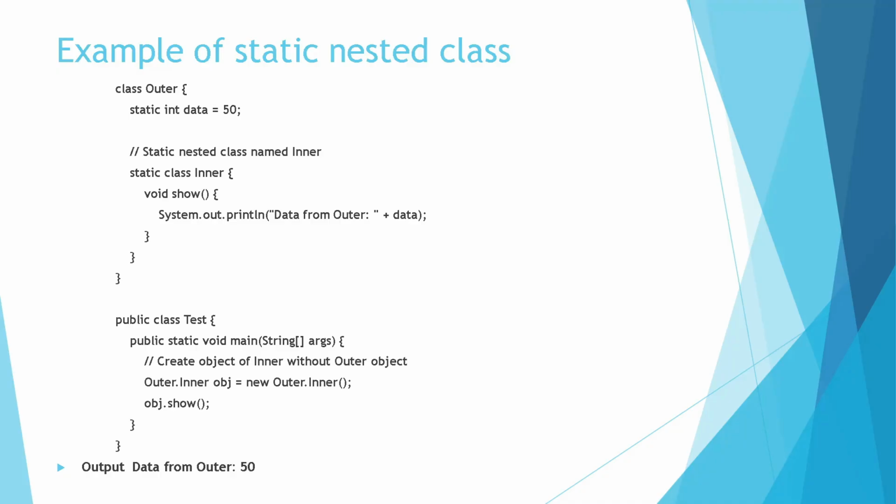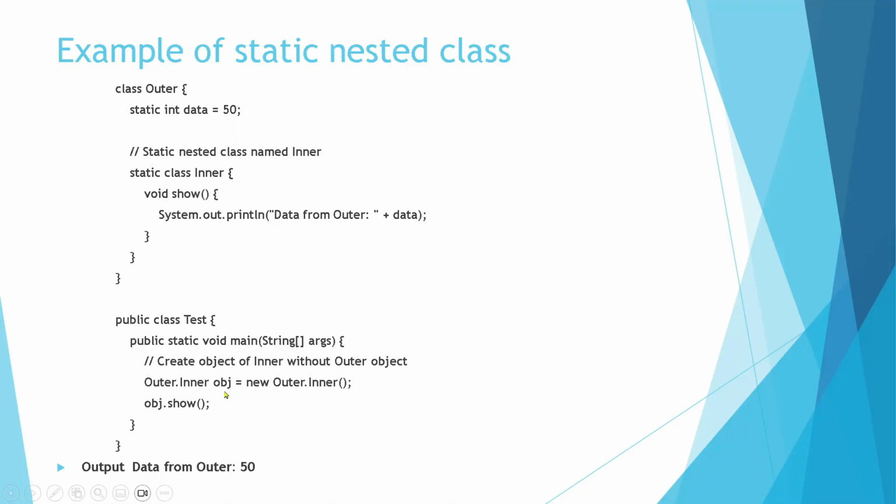Now when we want to create an object for this inner class, at that time it is not required to create an object of the outer class. Means directly we can give the name of the outer class dot name of the inner class. After that, a space and the object name.